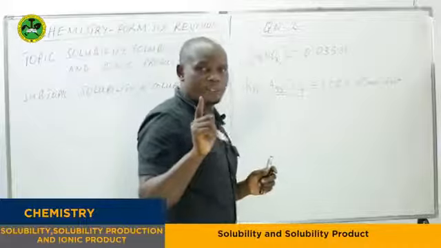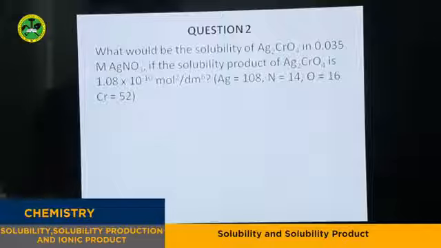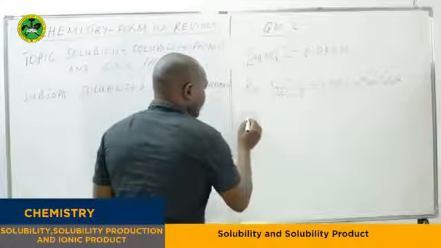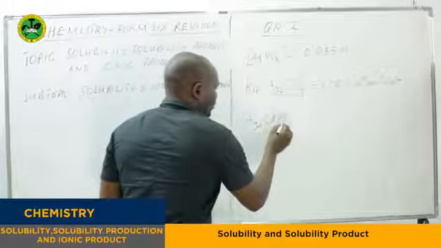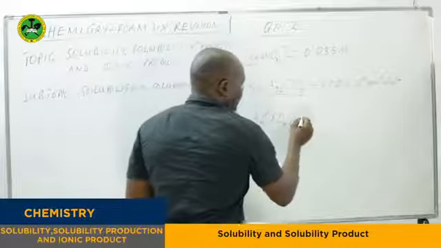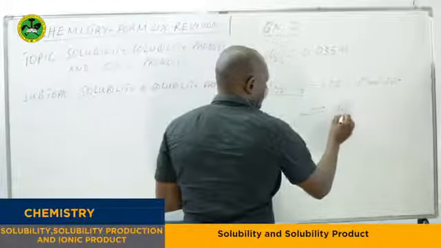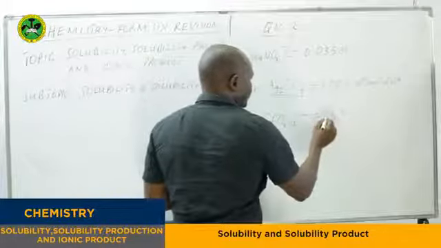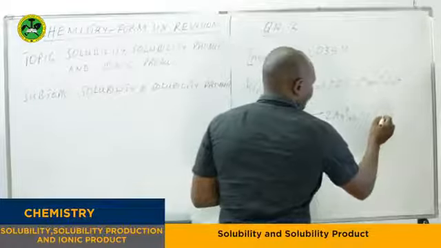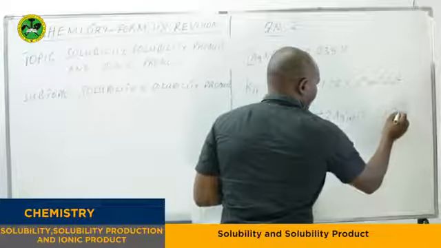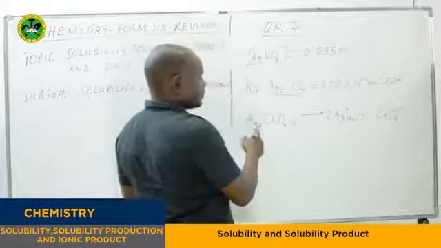So the first point to consider here is that you have to write the dissolution reaction of silver chromate. So silver chromate, which is our sparingly soluble salt, dissociates to release 2 silver ions, aqueous, plus chromate, which has negative 2 charge.